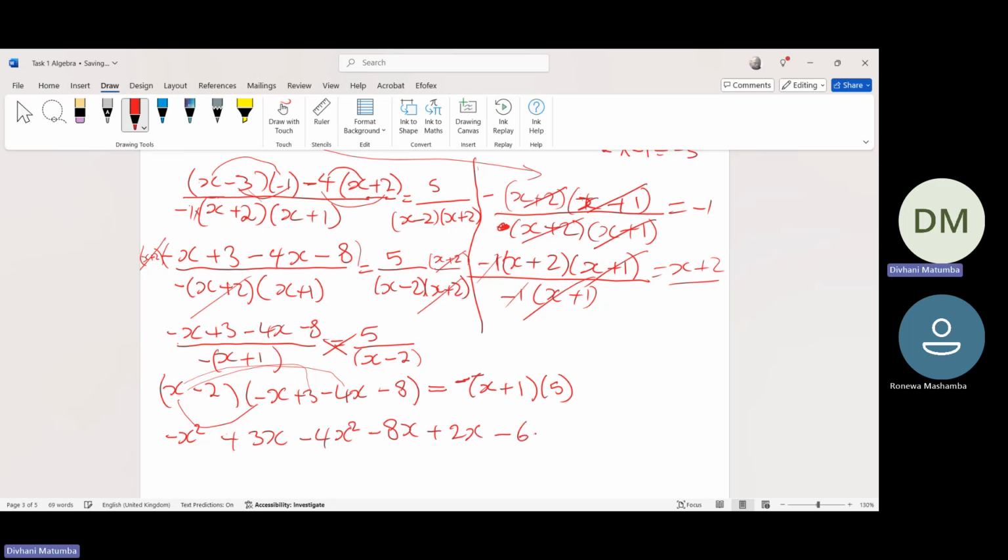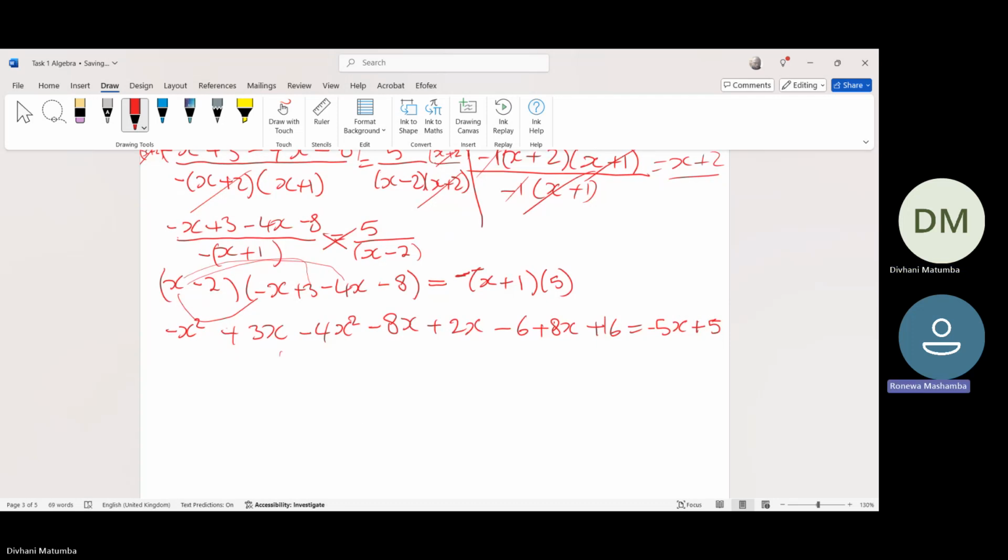minus 6, right? Yes. Minus, what is it? Is it plus 8x? Plus 8x, then plus 16. It's all equal to minus 5x plus 5. Okay, now we're going to have to add like terms together. x squared minus 4x, so we are going to have minus 5x squared.